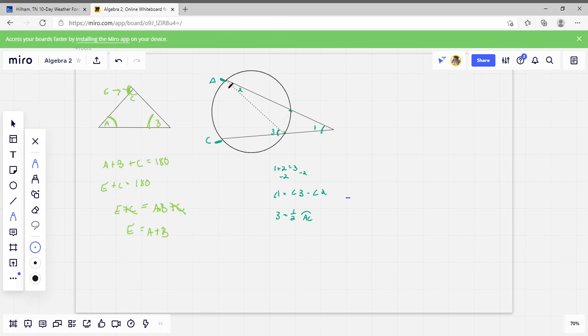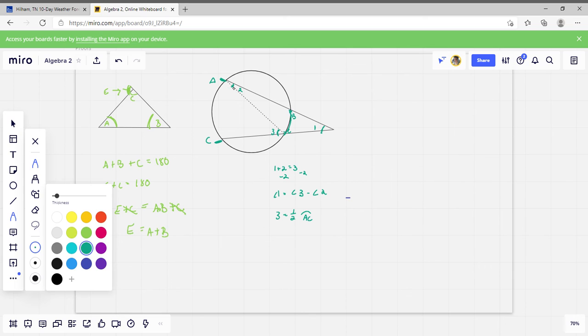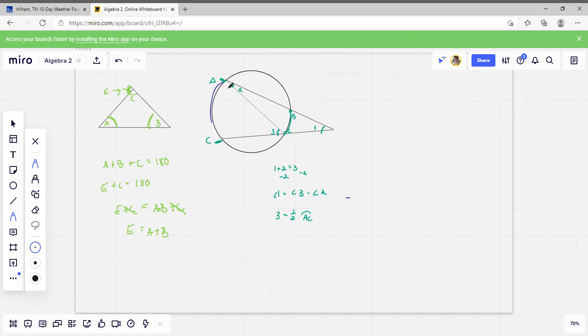We'll call that one BD. See how we have an arc right there for this one. And then let me change colors. We have another arc right here that corresponds with angle 1. Okay, so angle 2 corresponds with BC, and angle 1 corresponds with AC.